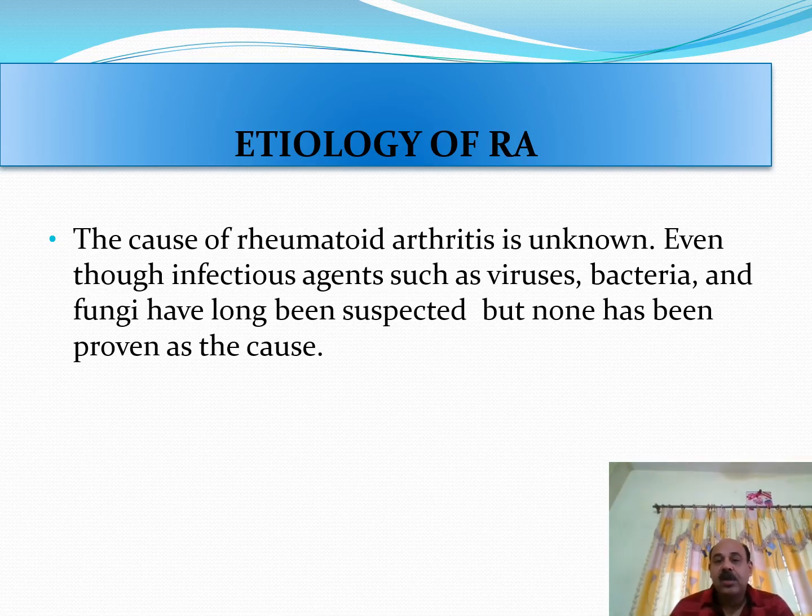Still, the most common and acceptable hypothesis regarding the etiology of RA is the hypothesis of molecular mimicry. As per this hypothesis, as and when the antigen enters the body, whether that is virus or bacteria or maybe anything else, body's immune system responds to that by producing antibodies.